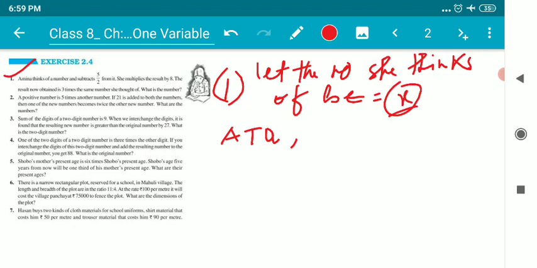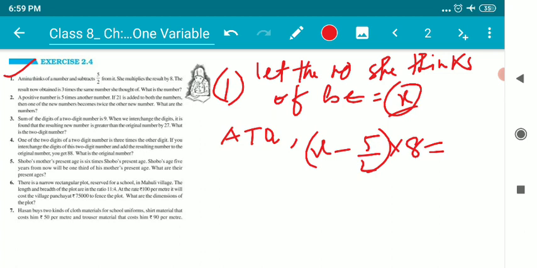if she subtracts 5 by 2 from it, x was the number she thought of, and if she subtracts 5 by 2 from it, so let me write within the bracket 5 by 2, which is getting subtracted from x, and she multiplies it by 8, then the result obtained is 3 times the number she thought of.